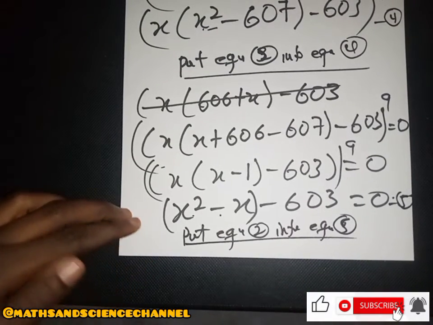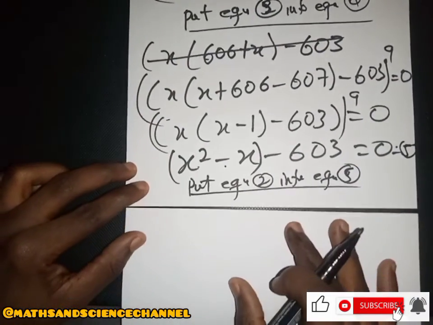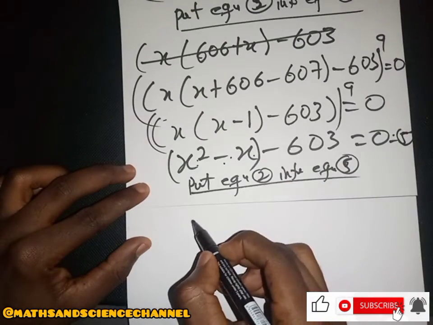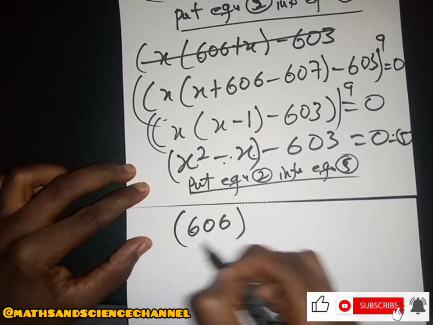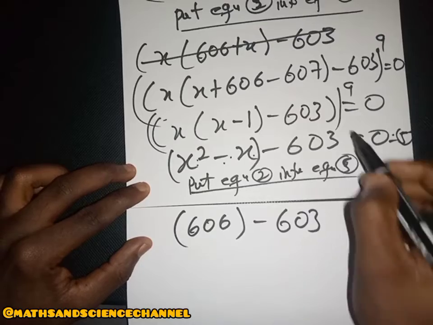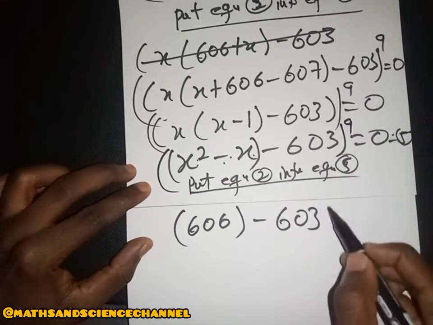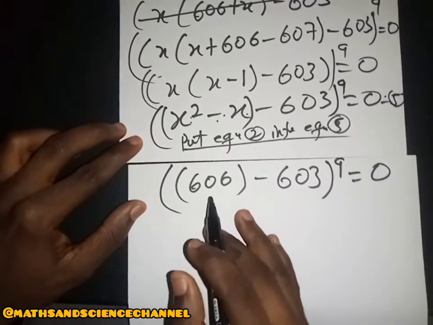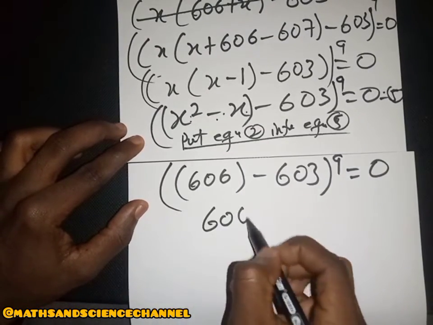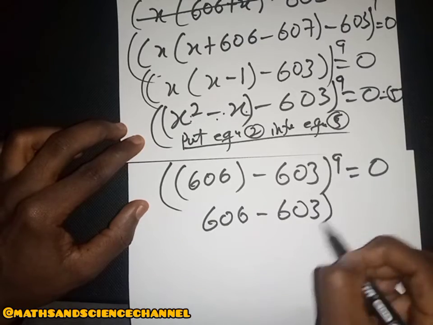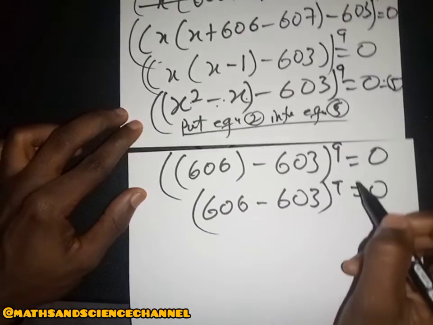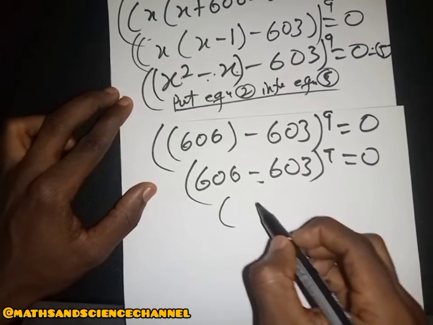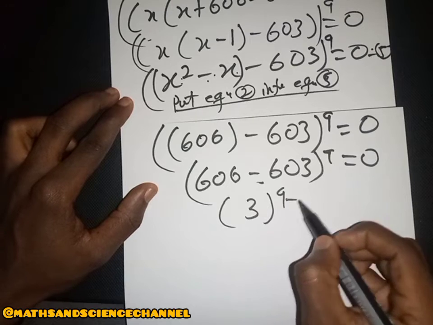Doing that, x squared minus x is just 606, minus 603, remember everything to the power 9. So from here we have (606 minus 603) to the power 9.